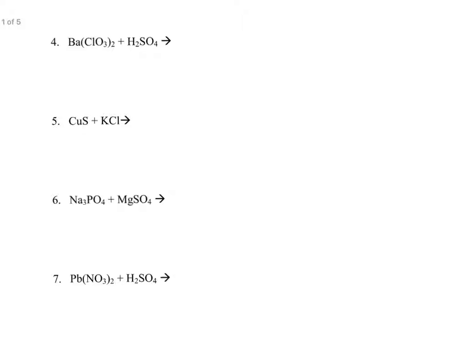Again, next problem, we have barium chlorate and sulfuric acid. If we swing our partners do-si-do, we're going to get barium sulfate, and I'm paying attention to my charges. I don't have a 2 on the outside of the sulfate because sulfate has a negative 2 charge. Remember that all sulfates are soluble except for the heavy group 2, and barium's in the heavy group 2.